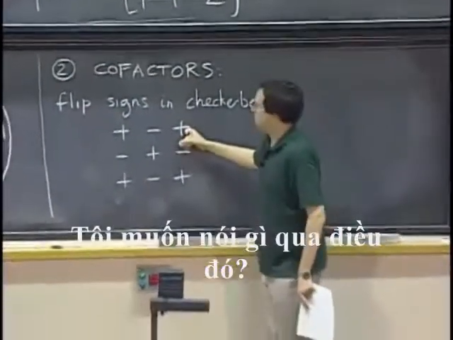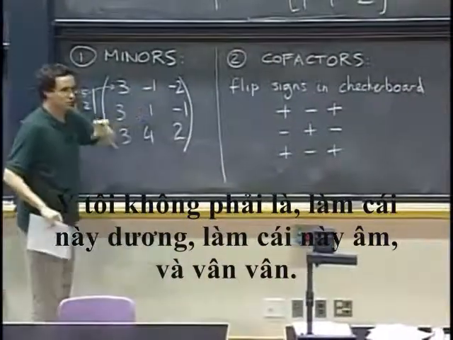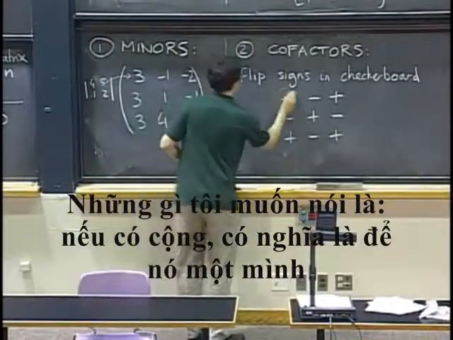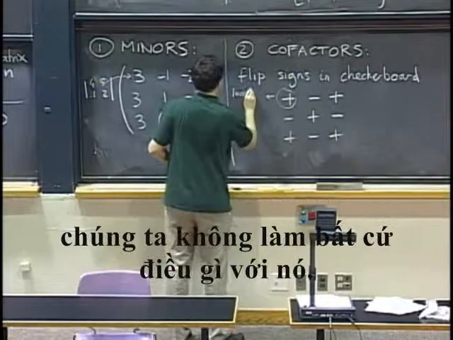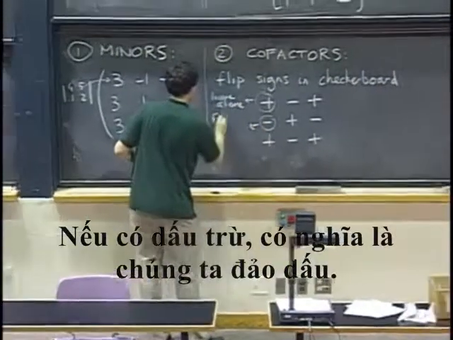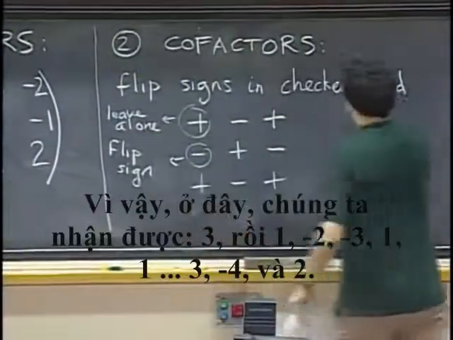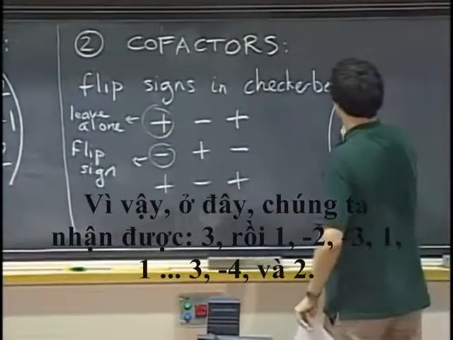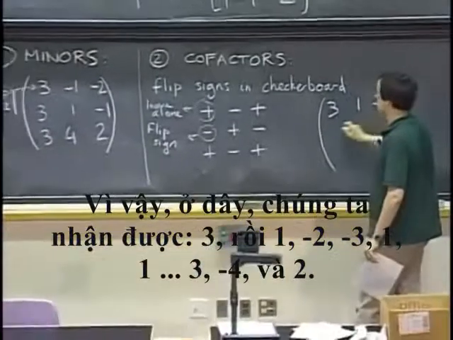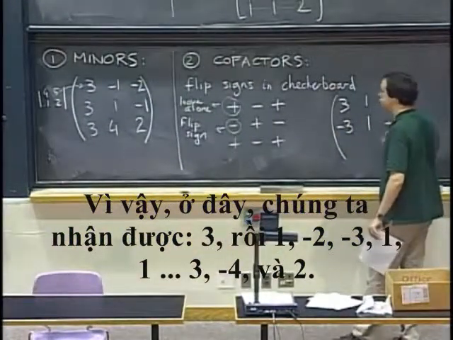What do I mean by that? I don't mean make this positive, make this negative. What I mean is, if there's a plus, that means leave it alone. We don't do anything to it. If there's a minus, that means we flip the sign. So here we get 3, then 1, minus 2, minus 3, 1, plus 1.